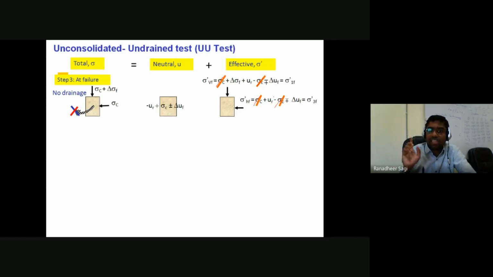The state of stress, ultimately what remains on the soil sample, is going to be same, because the expression itself says the effective stress in the vertical direction, effective stress in the horizontal direction. The expression does not contain the term of your applied confining pressure. It means that the expression is independent of your applied confining pressure.